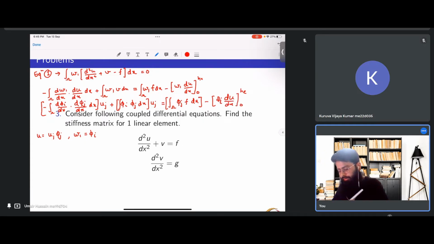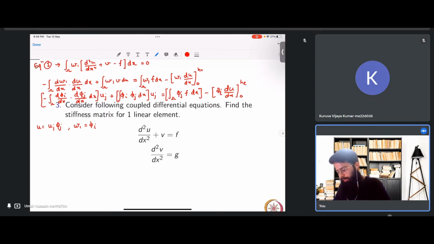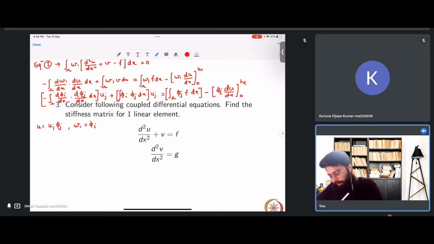Anyway, we'll get to that later. So at the end, what equation we can get here is k11 ij times uj plus k12 ij times, sorry, this was vj.